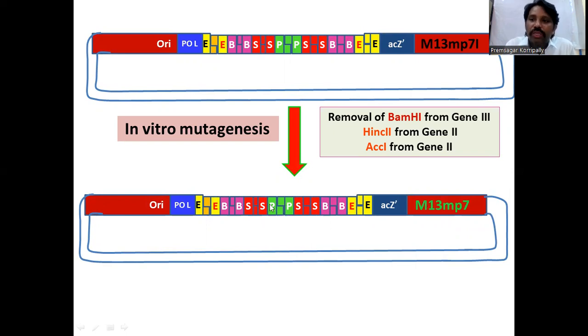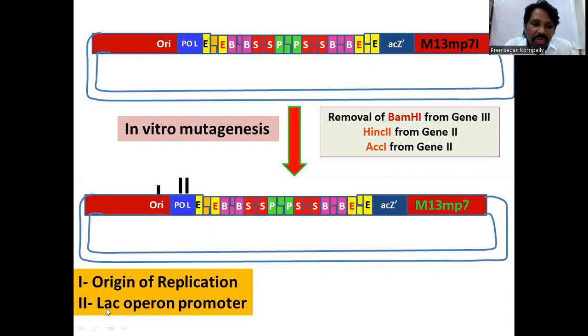As you all know, when we started to construct the M13 vector, it had only one origin of replication, but the rest of the features were created. You can see this is the origin of replication, and the second one is the lac promoter to transcribe the lacZ prime region.